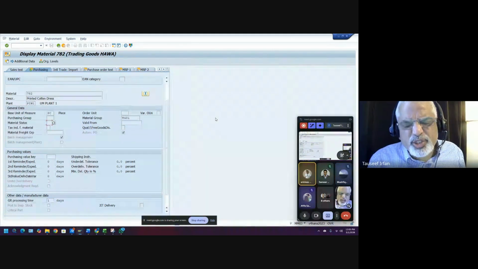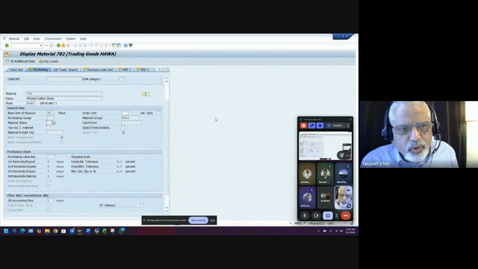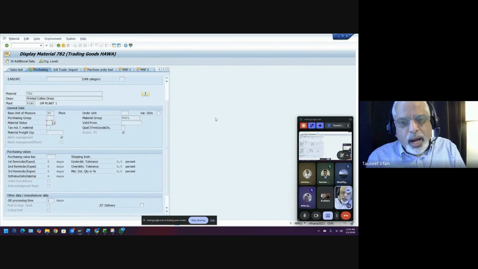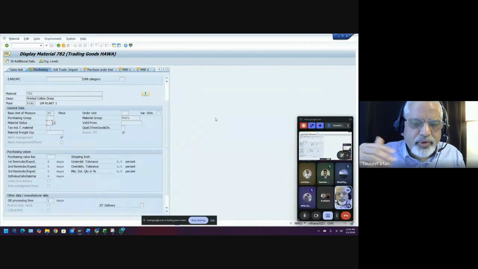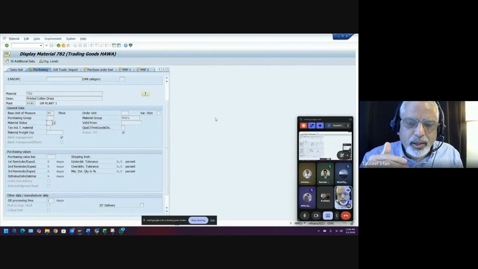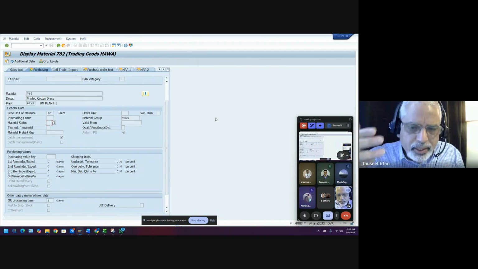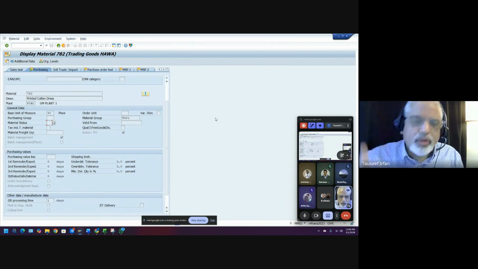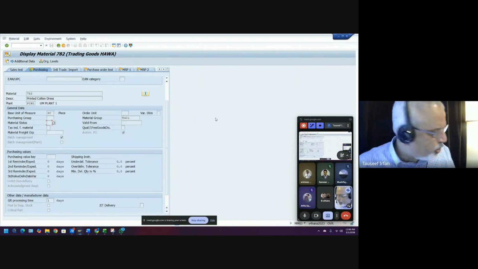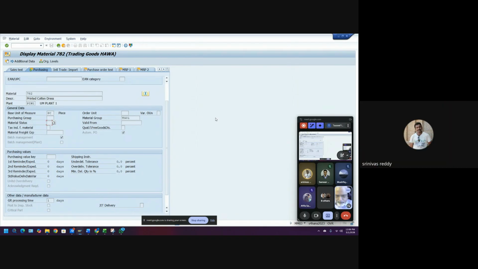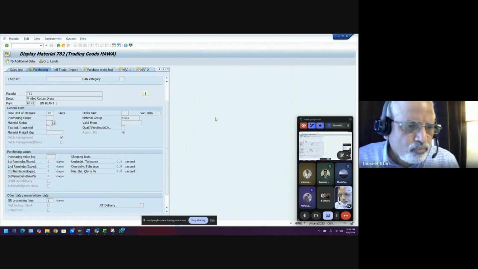Yes, we have the release strategy configuration, PO approval, and all that. We have a whole lecture on how you configure the release strategy at different levels. If it is less than $5,000, the procurement manager; if it is greater, the director, then the VP, then the CEO. How you set all that release approval process, we have a whole lecture on that. Very good.